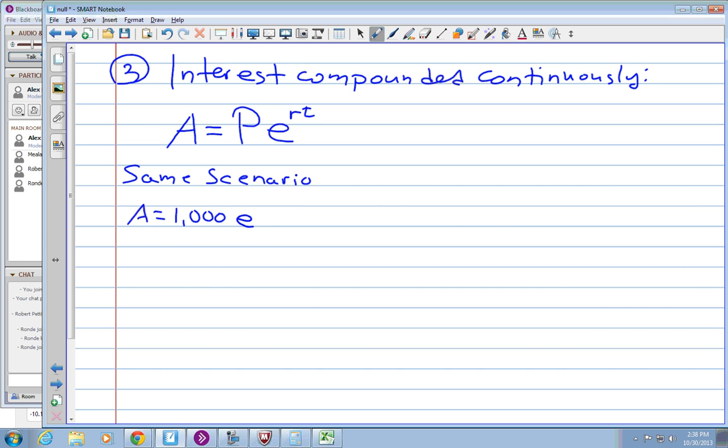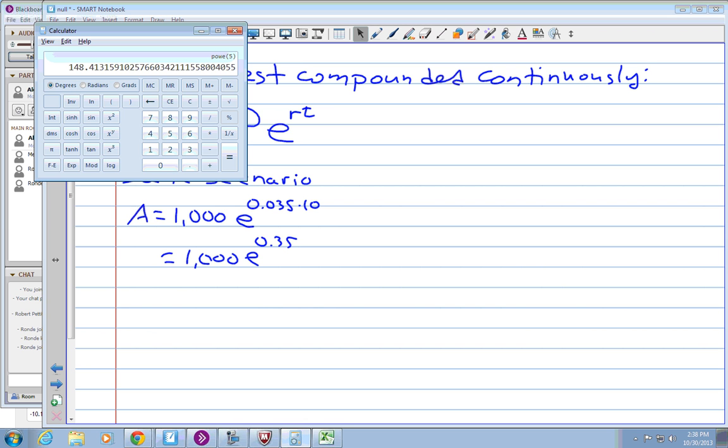It'll be 1,000 e to the power 0.035 times 10. If I use the calculator to compute that, it's 0.035 in the exponent, times 1,000.